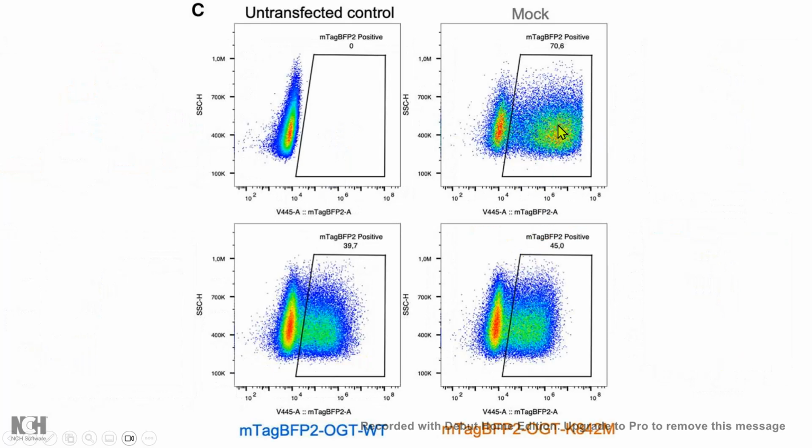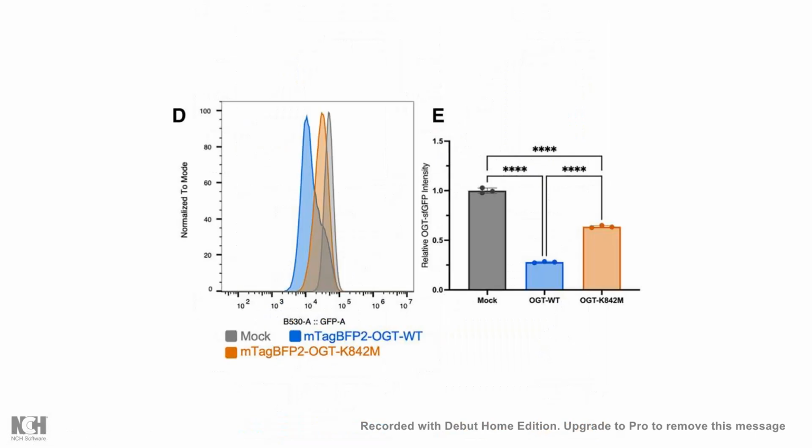So, okay, this is the alternate image where rather than being different axes, the point is this gated data allowed us to gather this graph, and this is the important bit. When we get past all the FACS data, which is a little hard on the eyes, we saw, okay, mock transfection, here is the relative level of OGT.